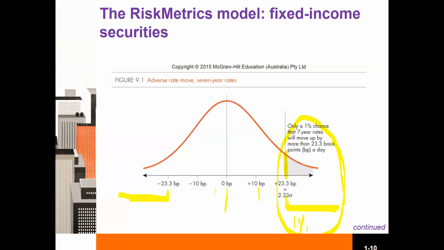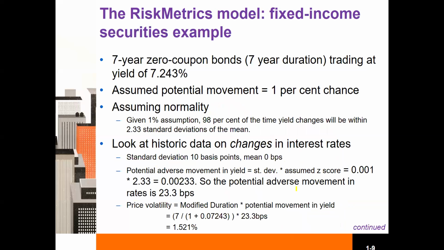And if it's 0 mean and the standard deviation is 10 basis points, it will be 23.3 basis points. Am I right? So there is a 1% chance that the change will be higher than 23.3 basis points. So let's come back to our example.